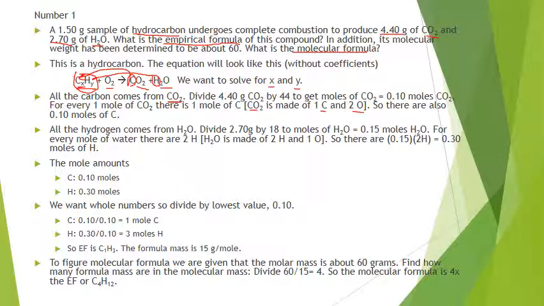What we're going to do is figure out how many moles that is, because X and Y represent a molar ratio. It's easy to do: to figure out moles, we divide by the molar mass. So I have 4.40 grams of carbon dioxide divided by 44, and I get 0.1 moles of CO2.